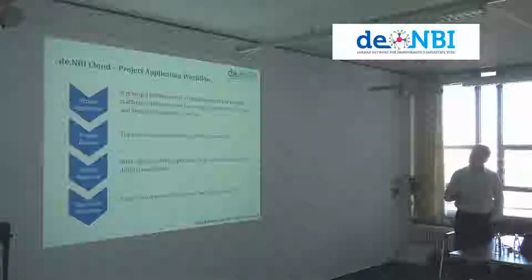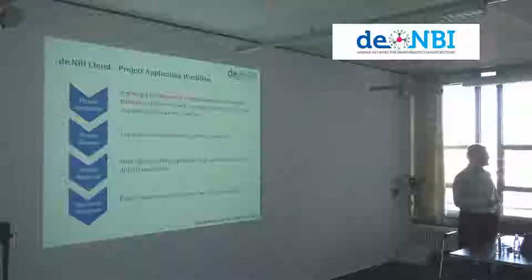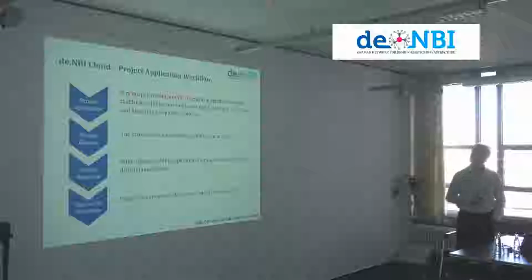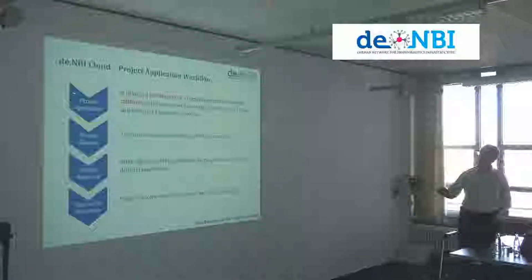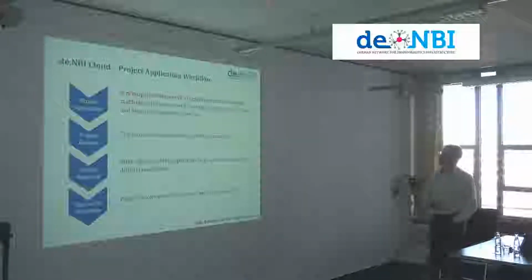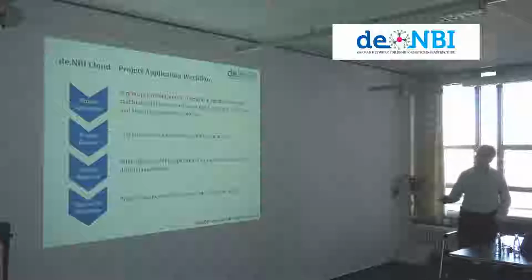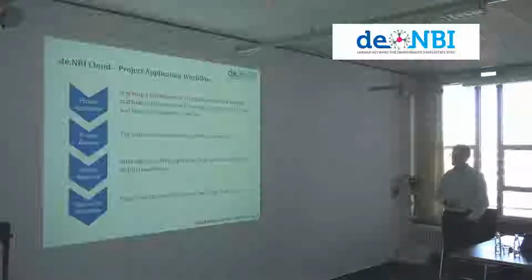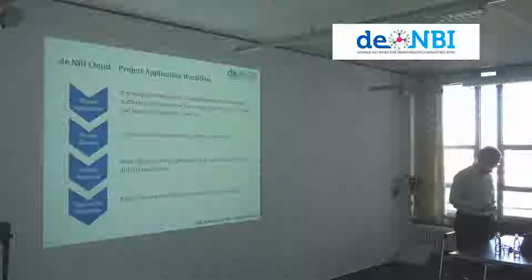If you want to run your project in the cloud, you have to fill in a project or apply for resources, basically. It's a very simple project. You send in your project application, which is reviewed by a scientific committee, and after approval you get access to one of the cloud sites and can start working on this.